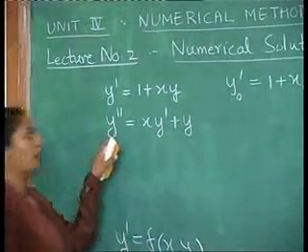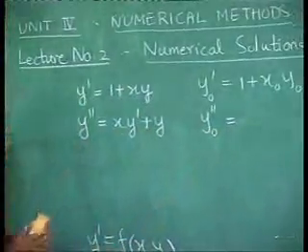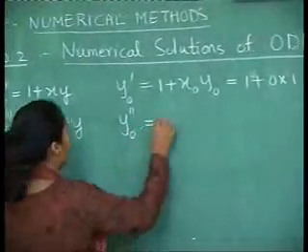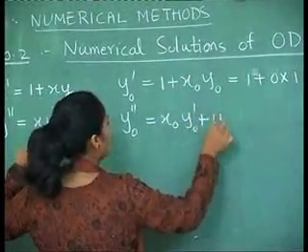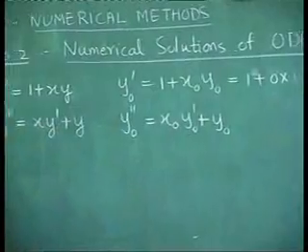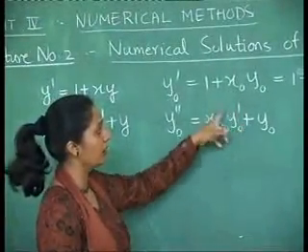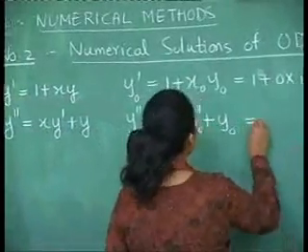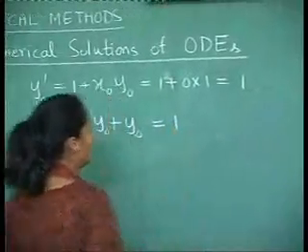So the value of the second derivative at x naught, y naught double dash, will be x naught into y naught dash plus y naught. X naught is 0, so this term will become 0, and y naught is equal to 1. So y double dash will also be equal to 1.